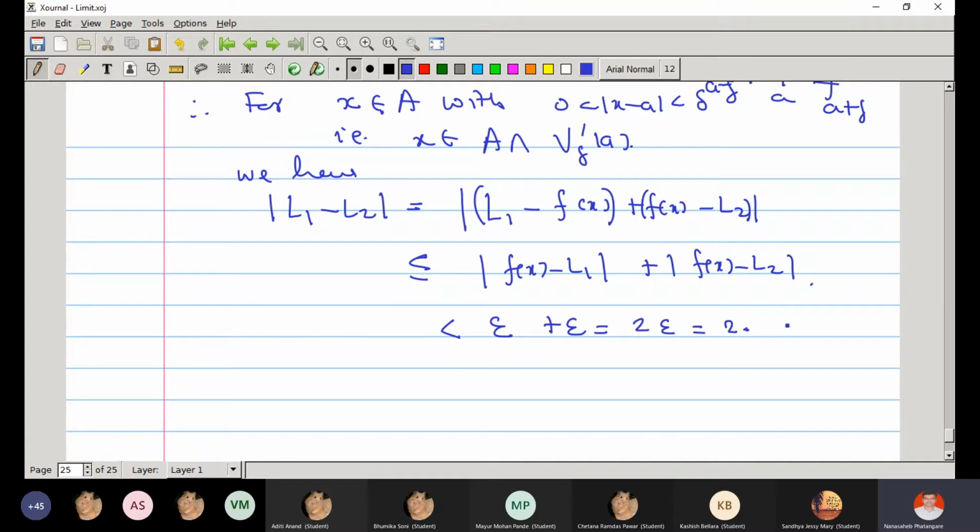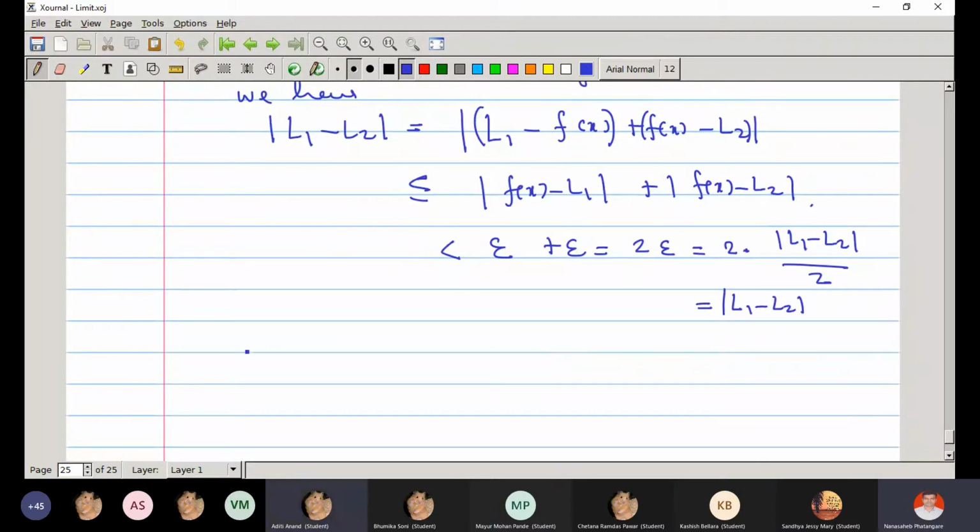Epsilon is |L1 minus L2| by 2. Right. So ultimately, what we found, hence, what is the conclusion? |L1 minus L2| is strictly less than |L1 minus L2|. So a contradiction.